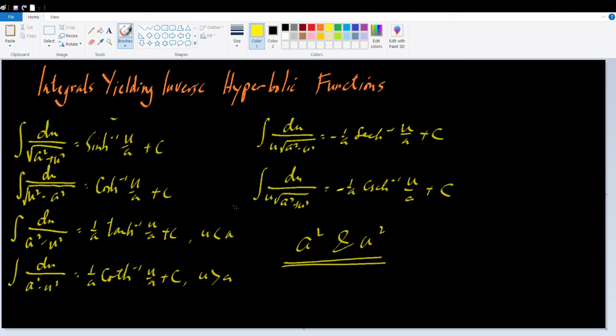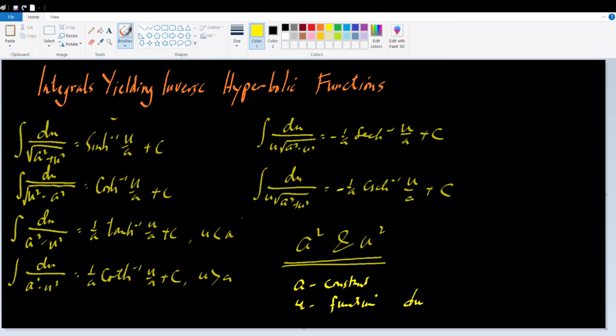You notice that in all the formulas, the formulas involve the terms a squared and u squared, where a is a constant and u is a function. So in each of these, after identifying the function u, you have to check on the differential du.